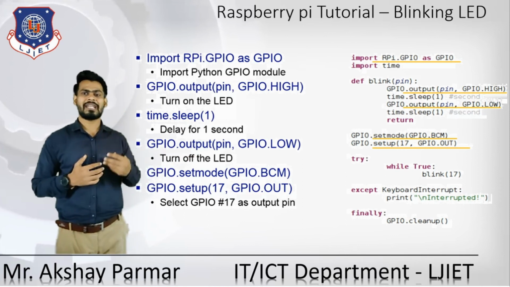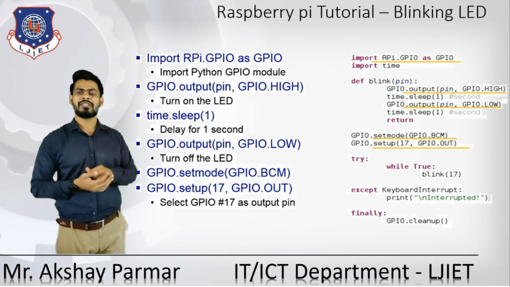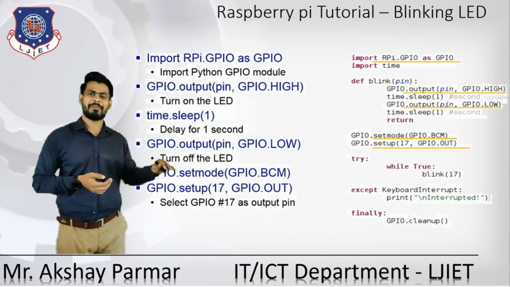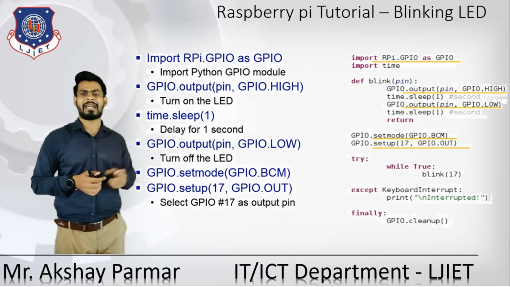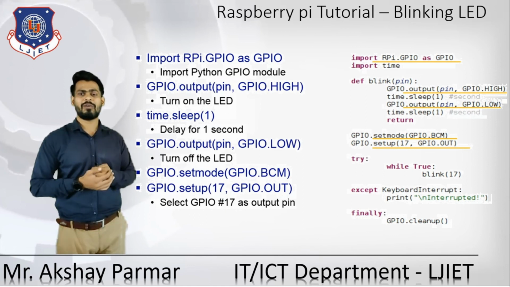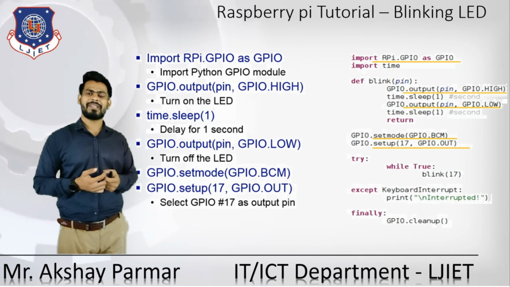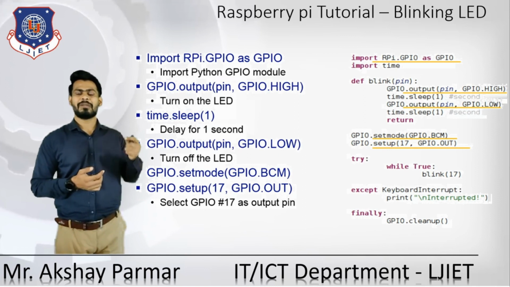After turning on the LED, we put in a time delay of 1 second. After that, we have to lower the signal, so with GPIO.output and GPIO.LOW, we turn off the LED light. After that, GPIO.setmode with GPIO.BCM, and GPIO.setup, in which pin number 17 is set as GPIO.OUT.